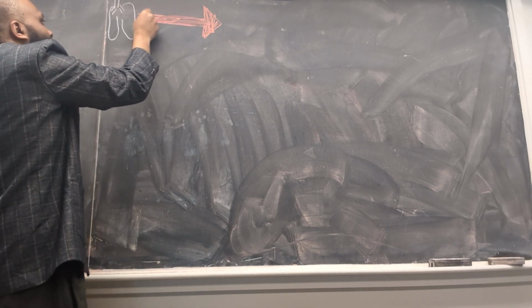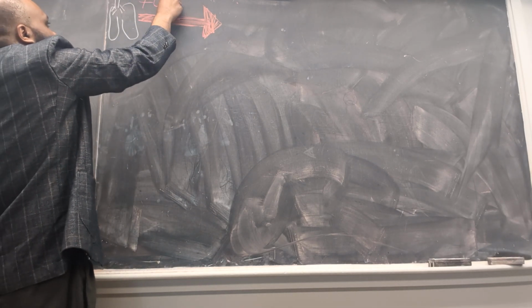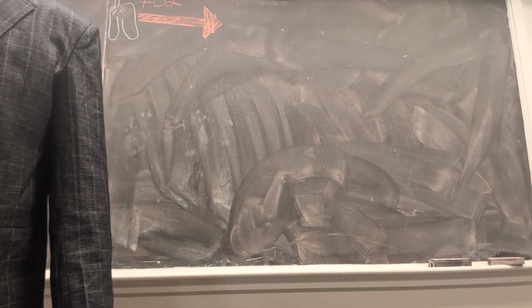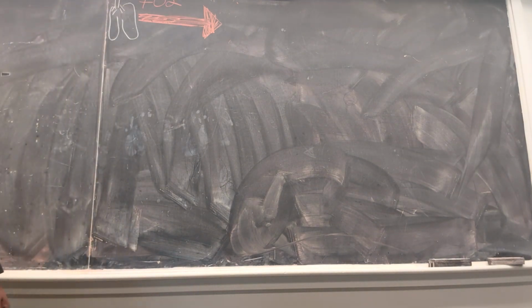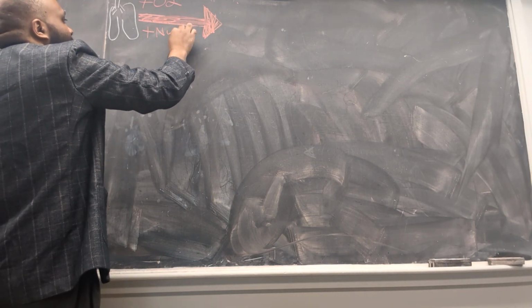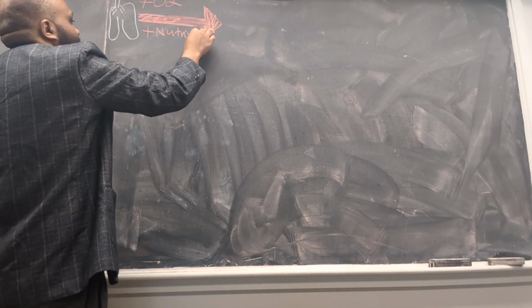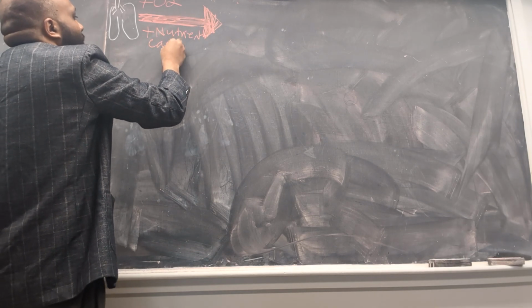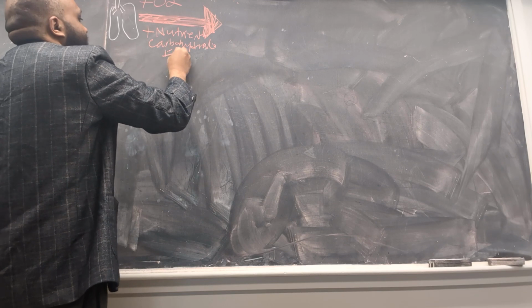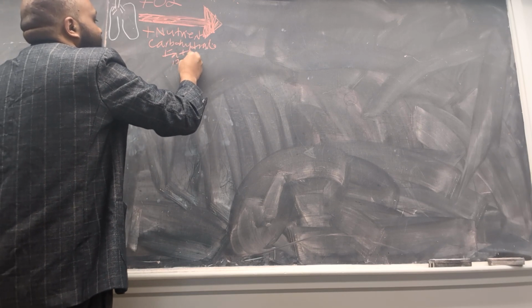So red blood has oxygen, oxygen for oxidative phosphorylation, oxygen for aerobic respiration, and it is full of nutrients. What are examples of nutrients? These are your carbohydrates, your fats, your proteins.